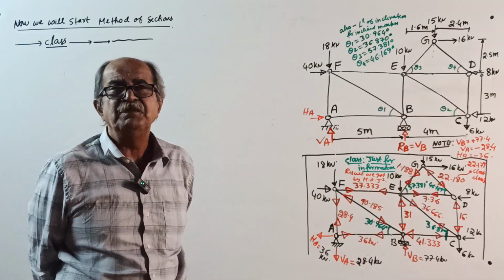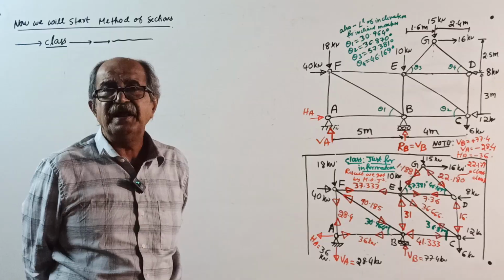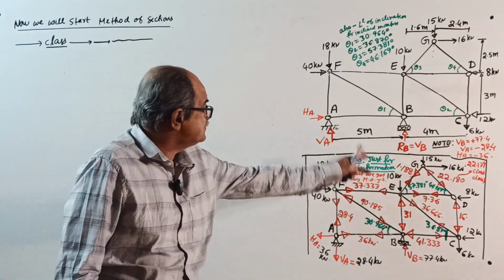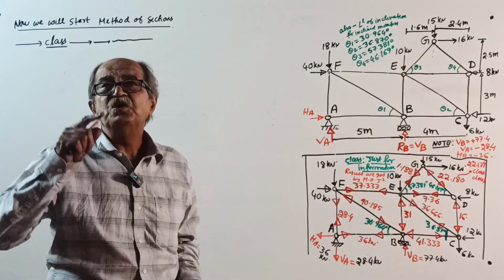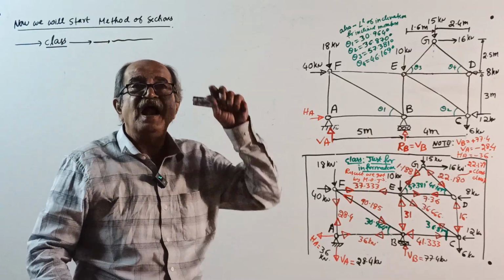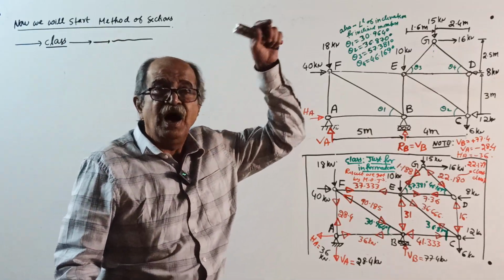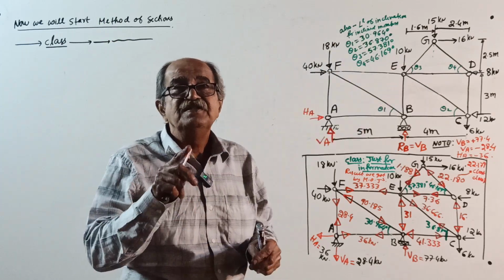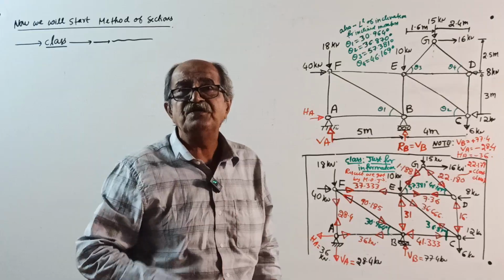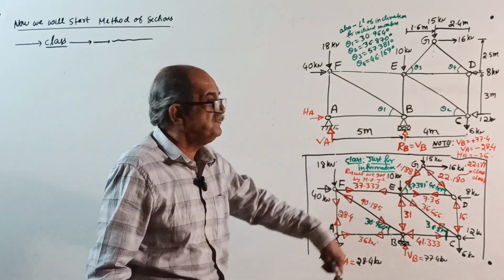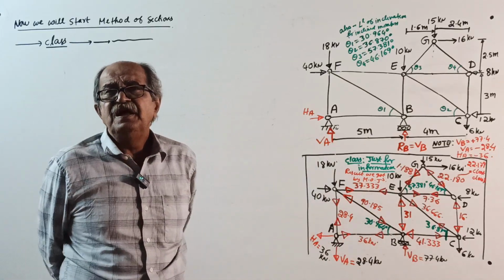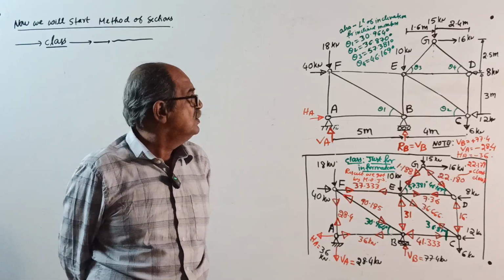Maybe 1% of people can decide correctly for mixed loading. But when we go to ILD, at that time I will tell you how to decide. There, just one unit load is there. Here so many loads are there, so it is very difficult.